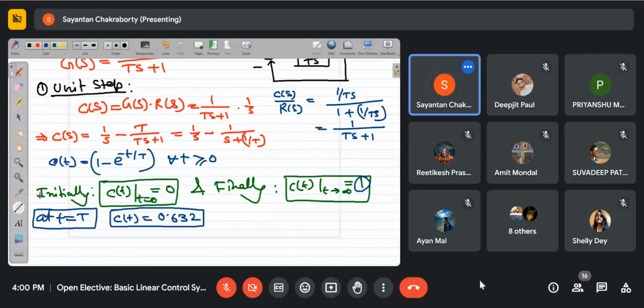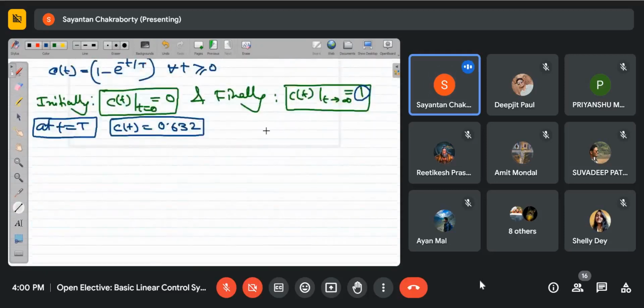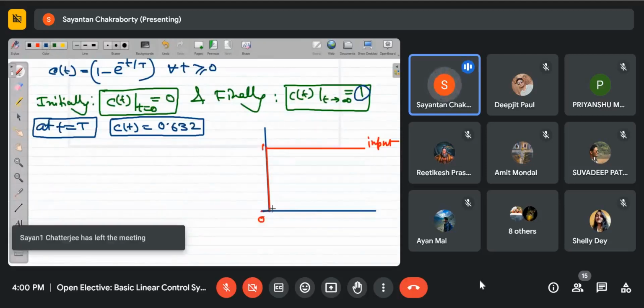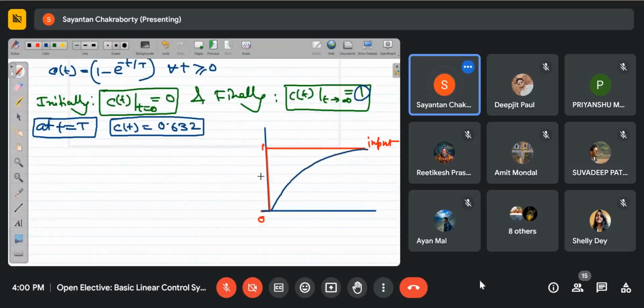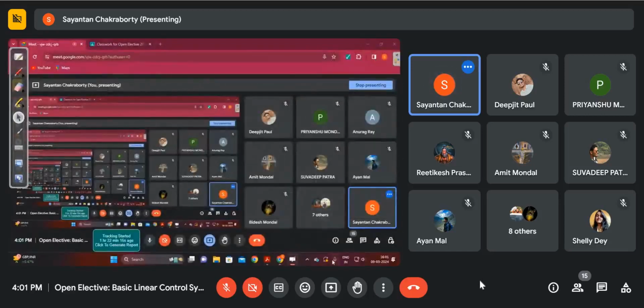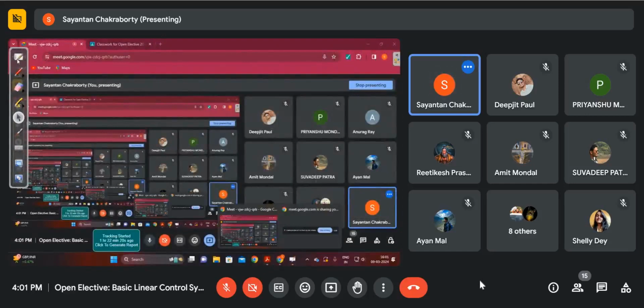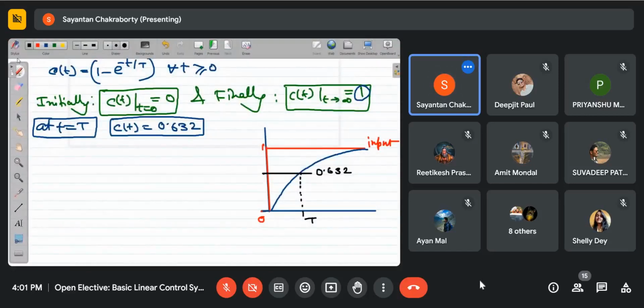Given a unit step input, the output response is something like this, and the time it takes to reach that value is calculated. Okay, so this is the definition of the concept of time constant.